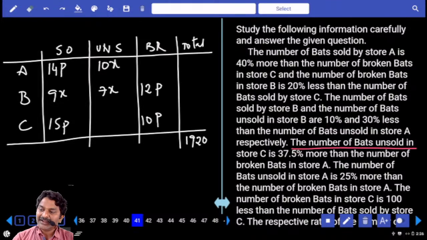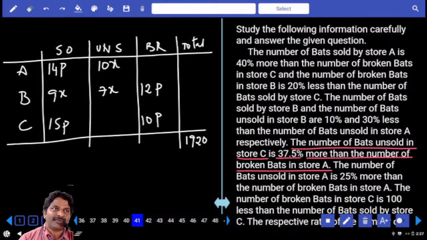Number of bats unsold in store C is 37.5% more than number of broken bats in store A. Broken bats in store A, that information is not there. I don't want to write one more variable, so let's keep it aside.